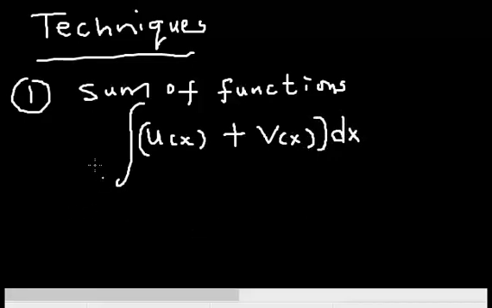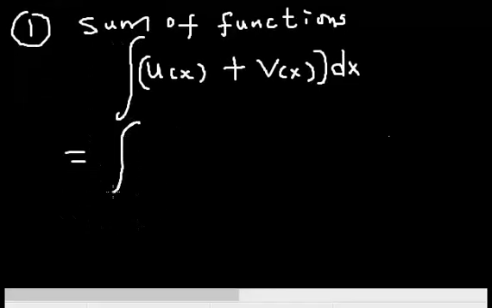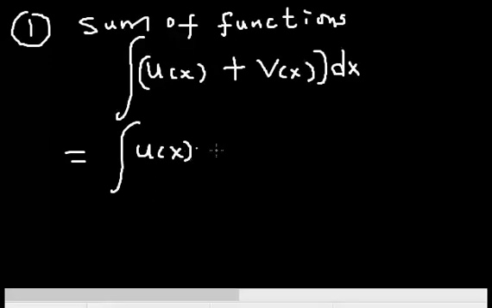Because they are a sum, you integrate them, find the integral values, and add them. So it is the integral of u of x with respect to x, plus the integral of v of x with respect to x.